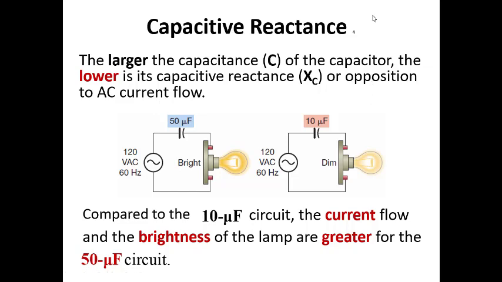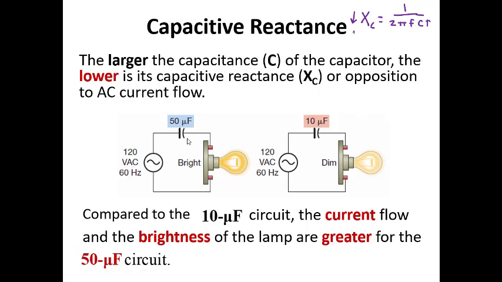The formula for capacitive reactance, X sub C, is 1 over 2 pi FC. So what's going to happen is as we increase the capacitance, we'll get a decrease in the capacitive reactance. Same thing if we increase the frequency, the capacitive reactance will go down.